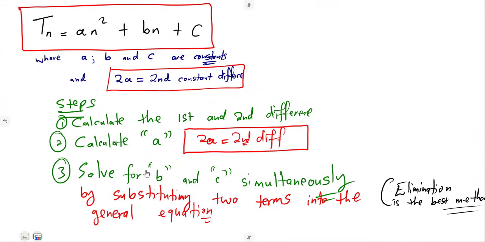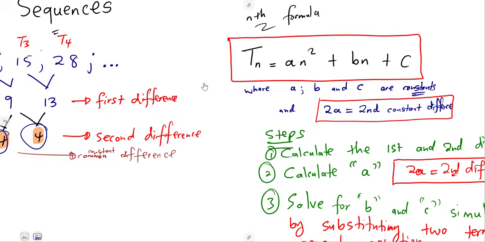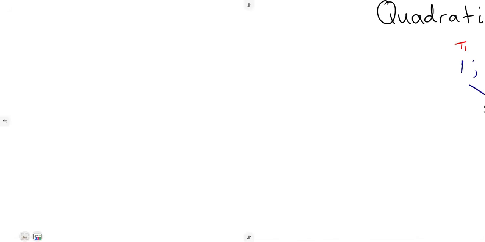You have your A, you have your B, you have your C. Substitute, because these are constants, back into this. But if we consider another way that we can work with, it is knowing from the basics of our quadratic.